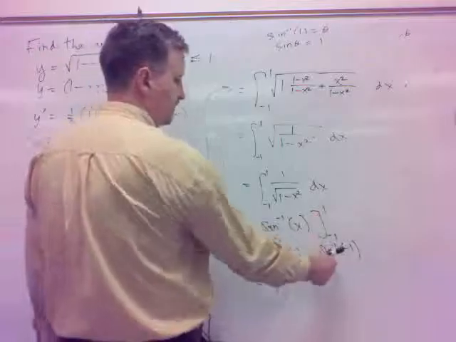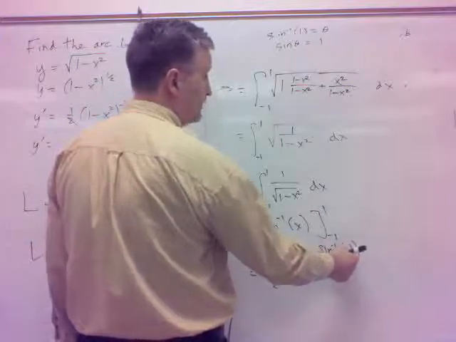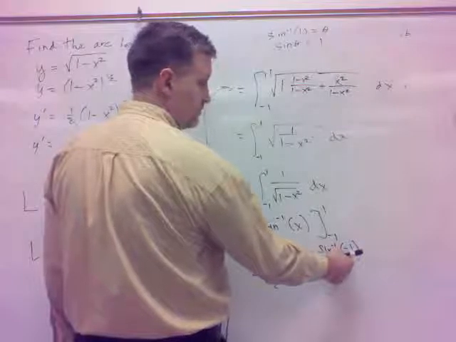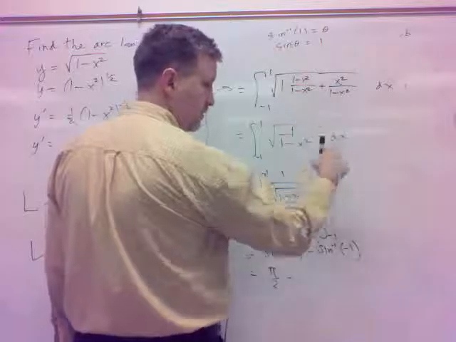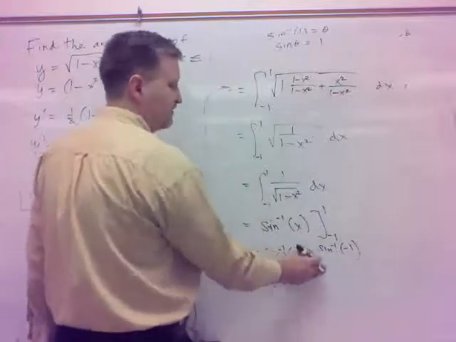This one is looking for basically the same, except what angle gives me sine negative 1? 3 pi over 2? Go all the way around? Sort of? Well, it's sine inverse, though.